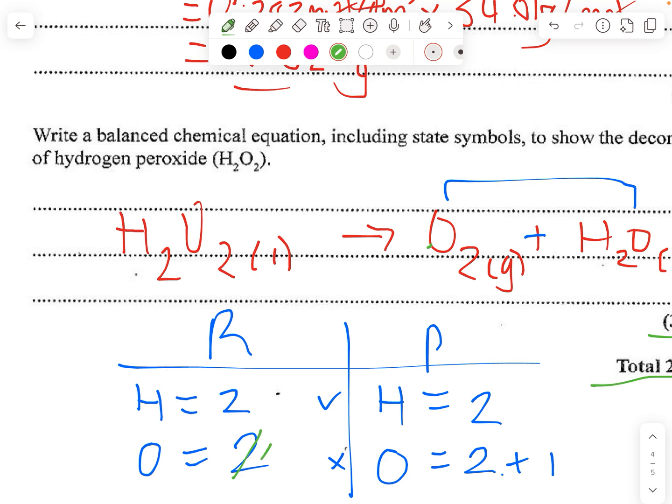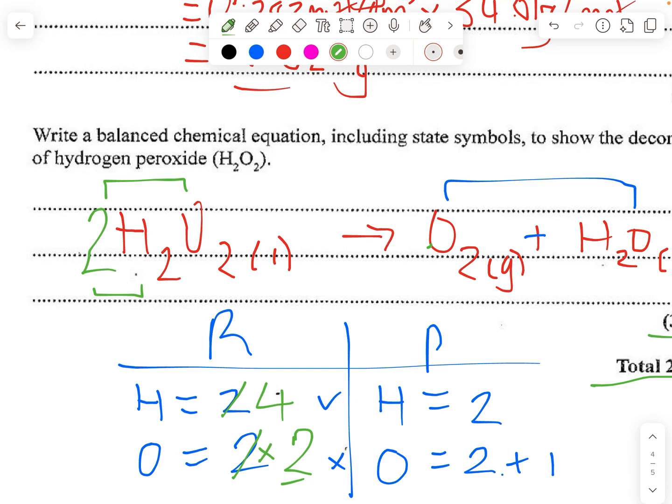So 2 multiplied by 2 would give me 4. I'm going to put this 2 up here in front of the compound. Now when I put the 2 in front of the compound, it's saying that I have 4 oxygens, 2 times 2 gives us 4. But it's also saying that I have 4 hydrogens, 2 times 2 gives us 4.